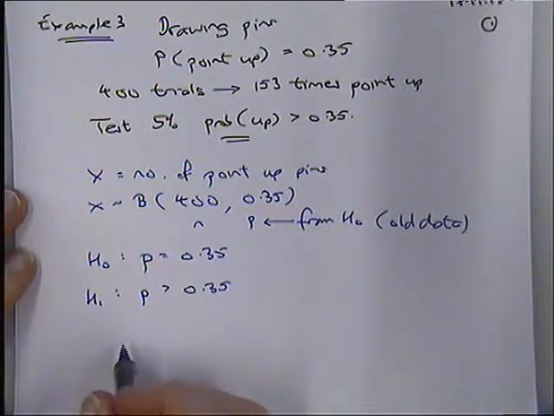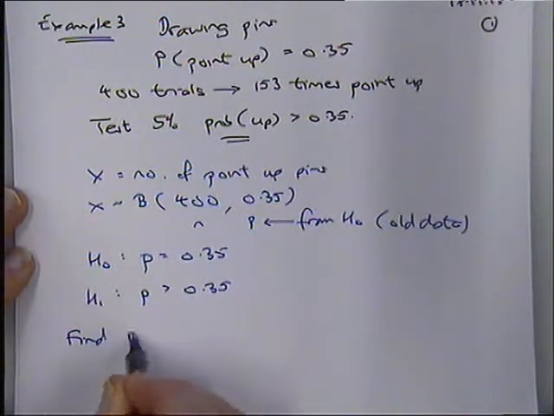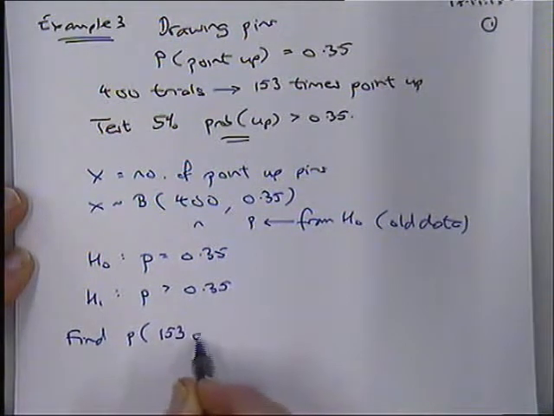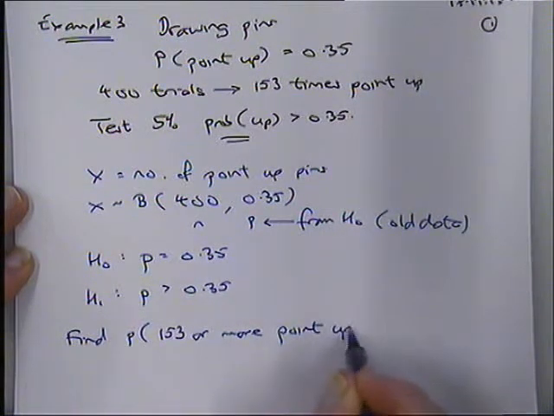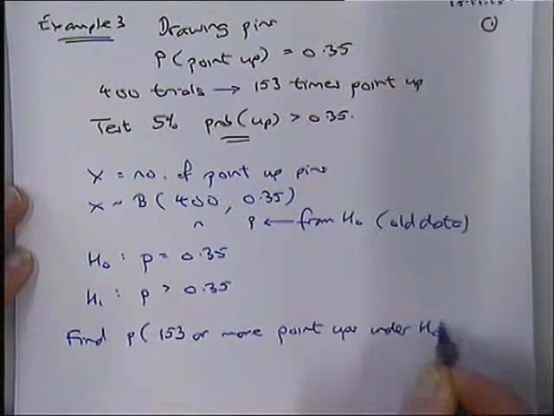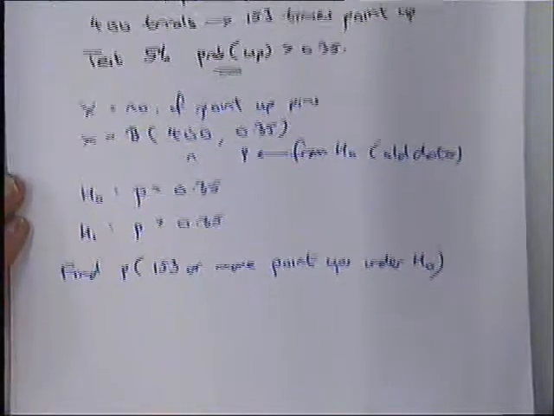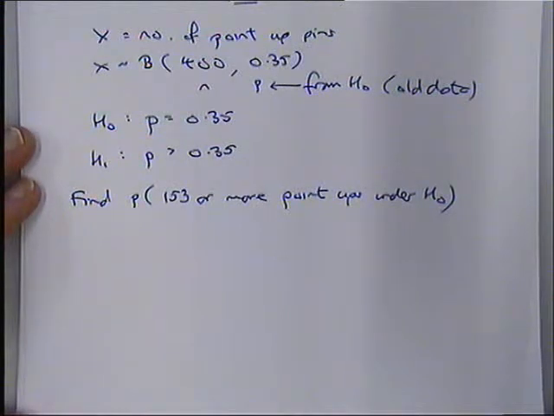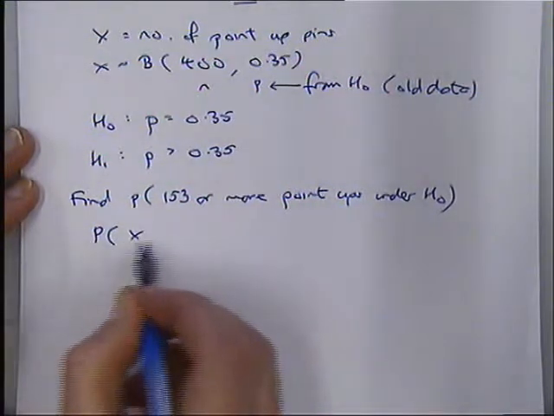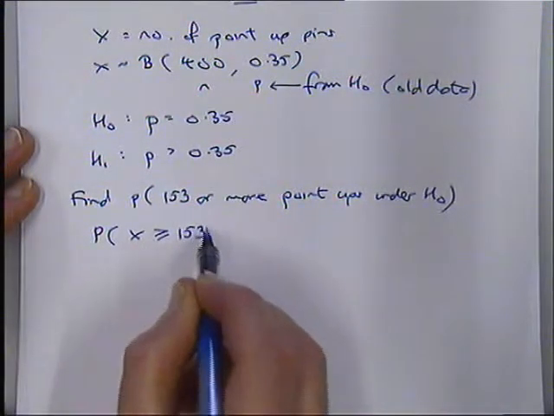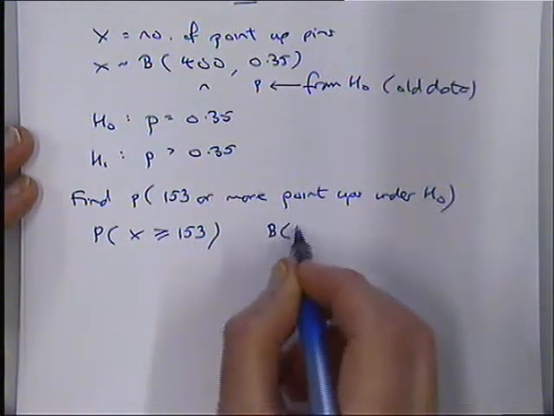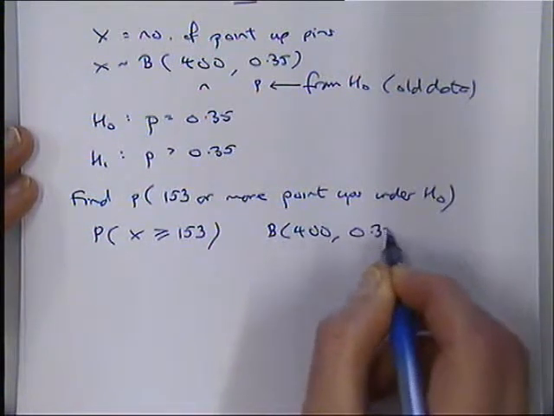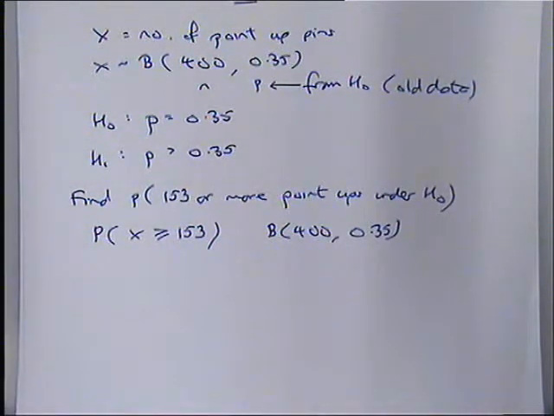So we have to find the probability of 153 or more point ups under the conditions of H0. So I want the probability that X is greater than or equal to 153, using my binomial distribution with 400 and 0.35 for this calculation. Any comments?